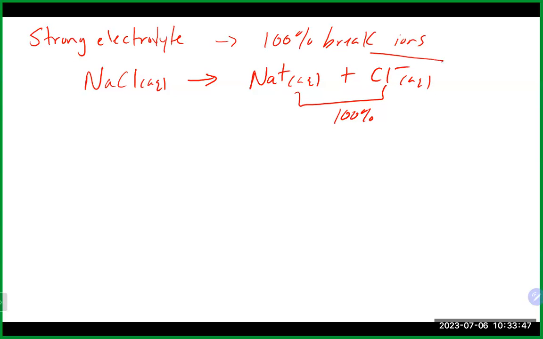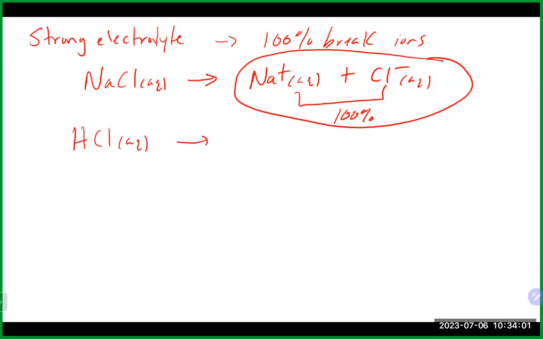And because there are a lot of free ions floating around in that solution, it's going to be able to conduct electricity really, really well. It would be like the light bulb we just saw going off very, very brightly. Strong acids like hydrochloric acid are strong electrolytes, like H plus and Cl minus. In solution, you have 100% of these guys in there.